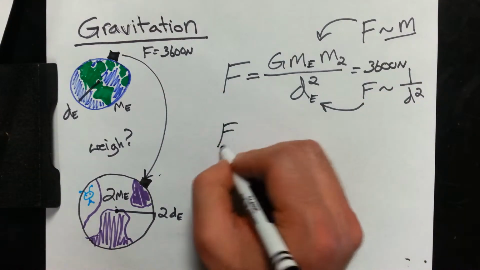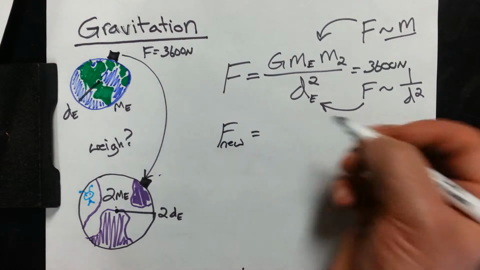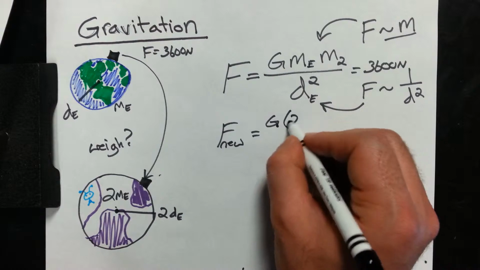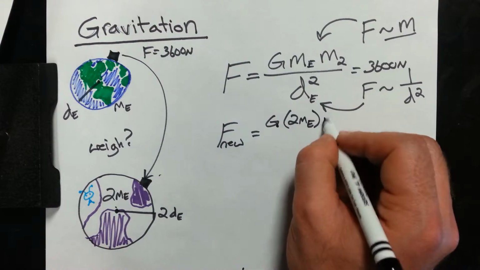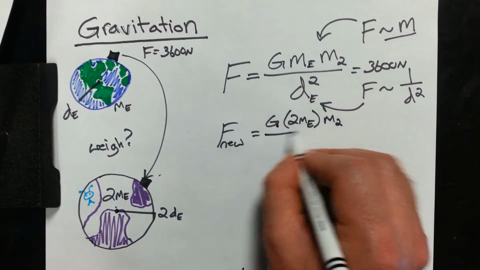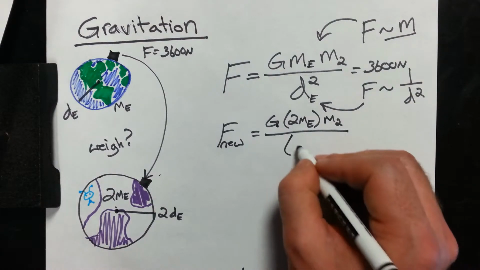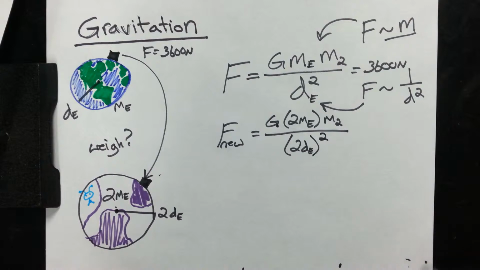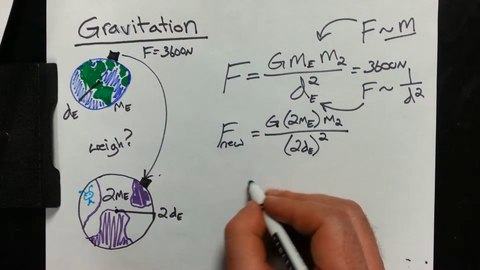So, for our new planet, it'll be a new weight, new force due to gravity. G doesn't change, a gravitational constant, but now it's twice the mass of the Earth. And the mass of the probe doesn't change, at least for our example it doesn't. And we have twice the distance to the center, and all of that is squared. So let's rearrange this a little bit.